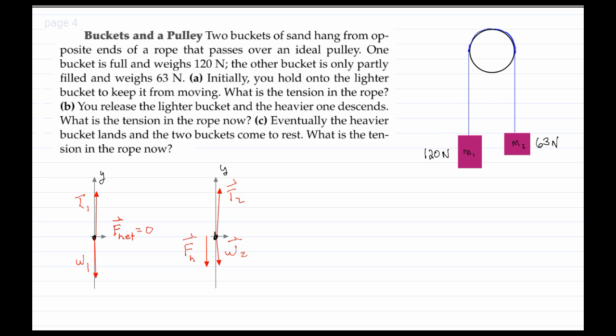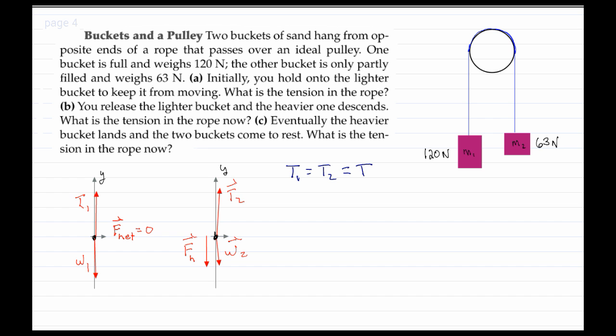Okay, to get the tension, note that the magnitude of T1 has to equal the magnitude of T2. And we'll just call that T. This is because it's a single rope, and the tension everywhere in the rope should be the same.